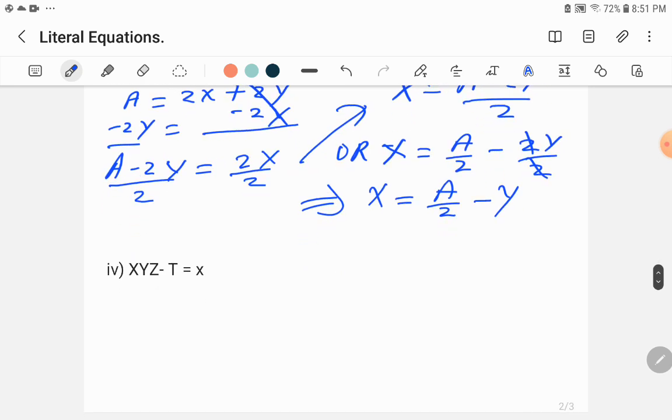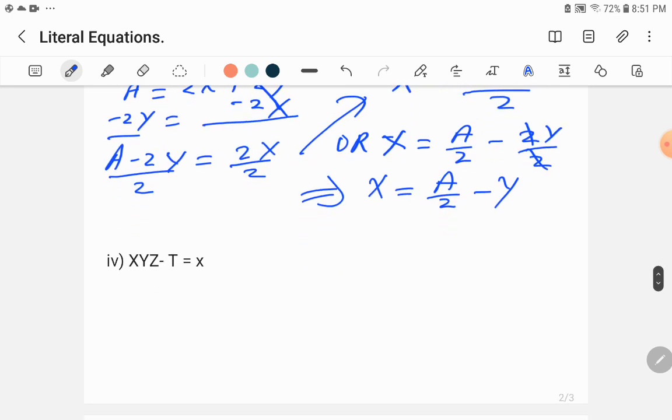Here again, lowercase x and capital X are two different variables. They're not the same, so bear that in mind. So now I'm just going to add t to both sides.